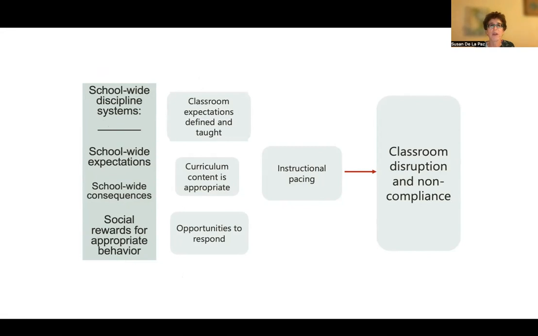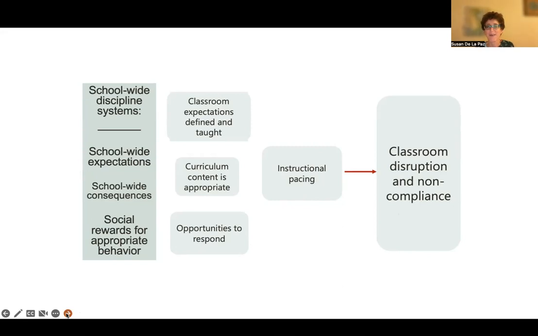So if I have this big system in place at the school level, and I have classroom things in place, then it still might make a difference about the pacing. I could measure that and see what happens with the outcome measure. Okay, thanks for hanging in there.